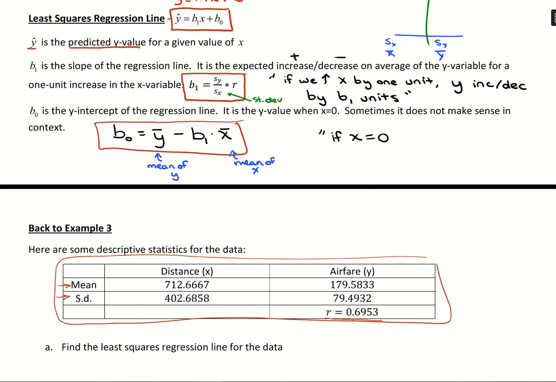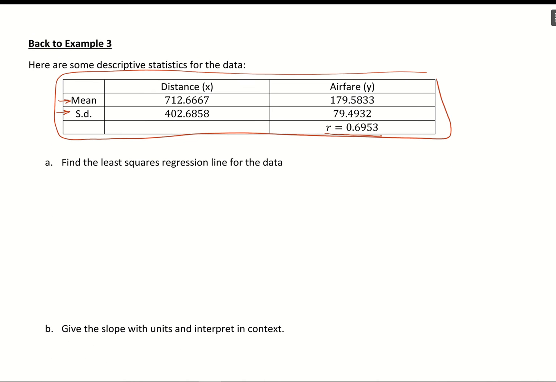So if x is 0, then y is whatever the intercept is. Sometimes this sentence makes sense, sometimes it doesn't. Slope, we can always write an interpretation for. Intercept, we can try to write it, but sometimes it doesn't make sense in context, so it'll just kind of depend.